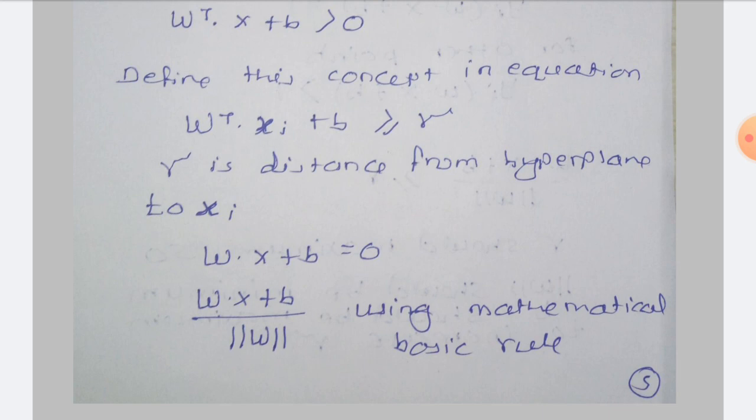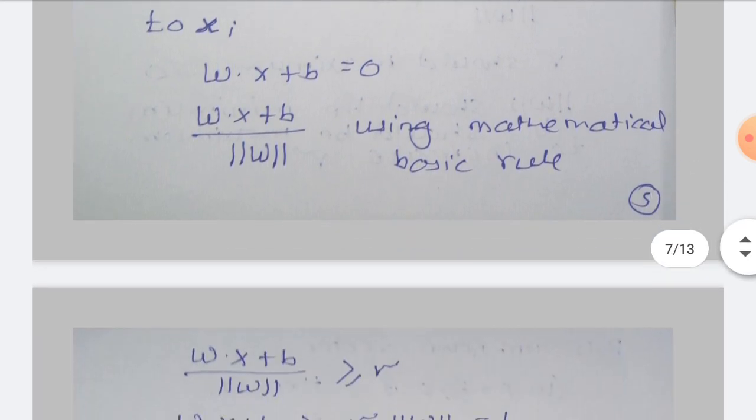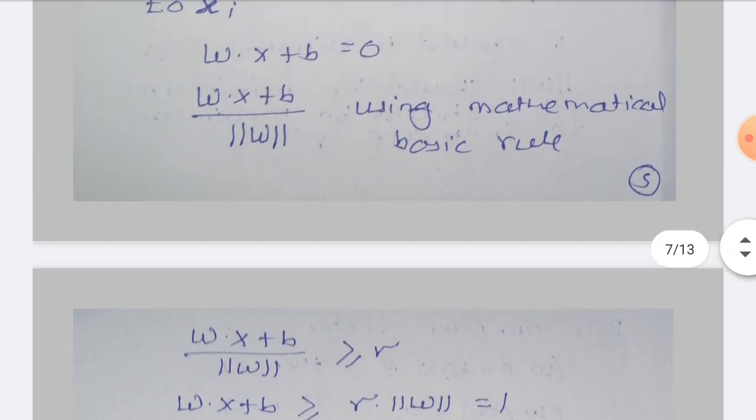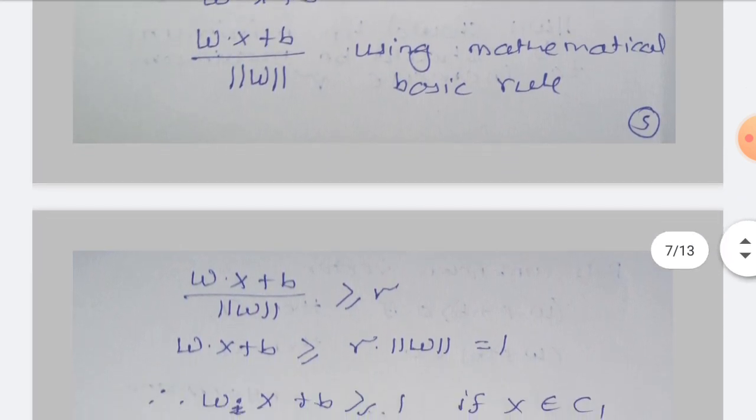By adding gamma, instead of 0 we write (w dot x + b) divided by mod of w is greater than or equal to gamma. Now I can rewrite this as w dot x + b is greater than or equal to gamma times mod of w, and it is equal to 1 because I have scaled this value.